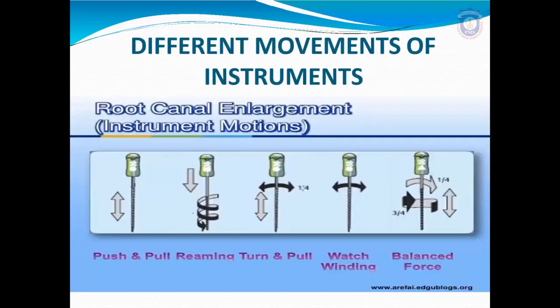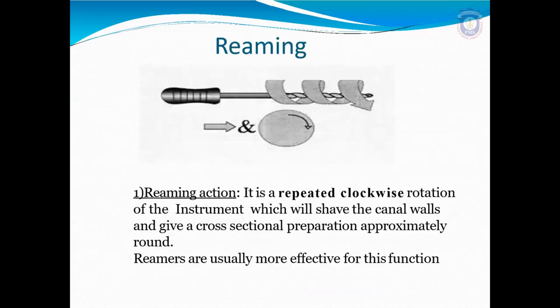The different movements of endodontic instruments include push and pull motion, reaming, turn and pull motion, watch winding motion, and balanced force technique. Reaming action is a repeated clockwise rotation of the instrument, which will shave the canal walls and give an approximately round cross-section preparation.